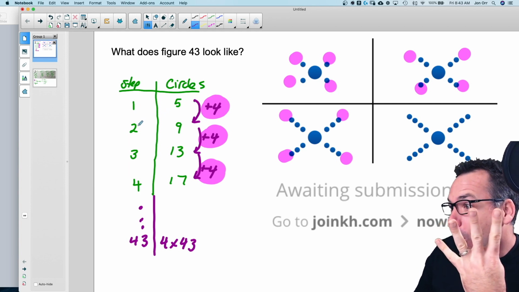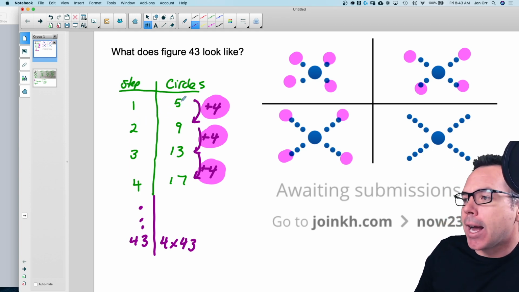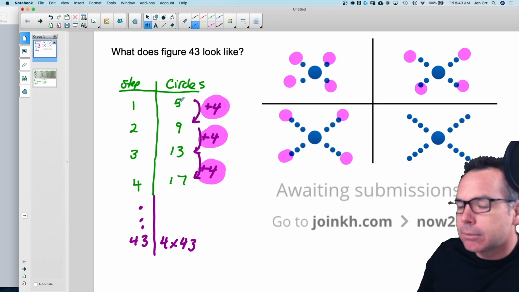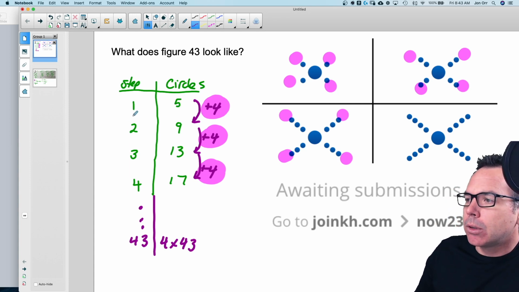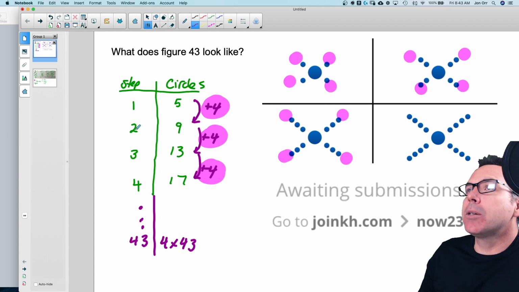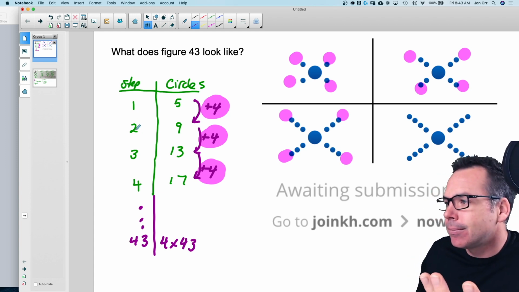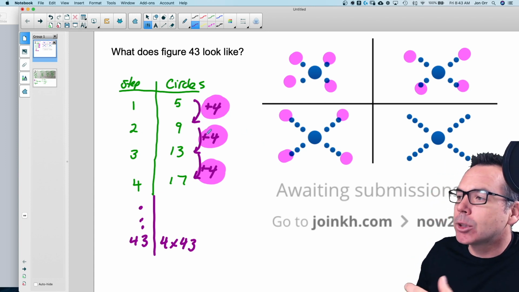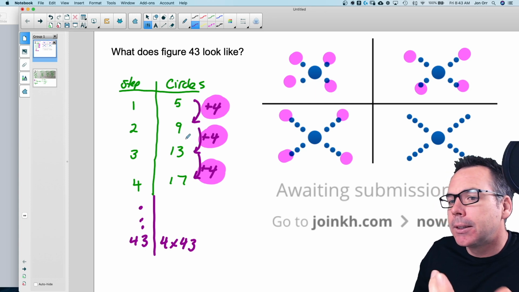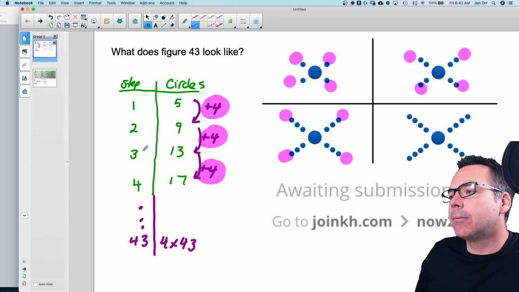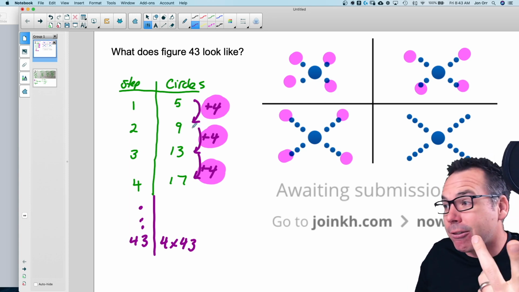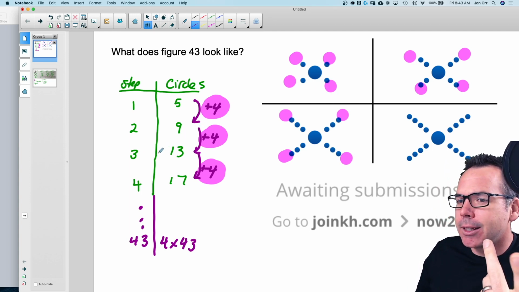I'll do that one. 4. But we have an answer of 5 circles, so we're off. On step 2, if you just multiply by 4, you get 8. But there's 9, so we're off. On step 3, if you just had to multiply by 4, you would get 12. But we need 13, so we're off. What are we consistently off by?